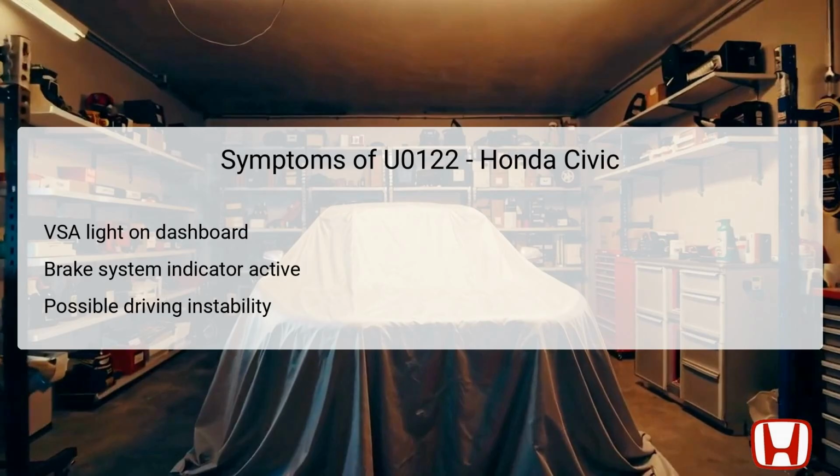Additionally, if the VSA system is not functioning correctly due to this communication failure, it may lead to driving instability, particularly under adverse conditions. Drivers might experience unexpected braking or loss of traction, making it essential to address this issue promptly. While some symptoms may be challenging to detect until driving conditions worsen, the illuminated warning lights serve as clear indicators that the vehicle systems are not operating as intended.